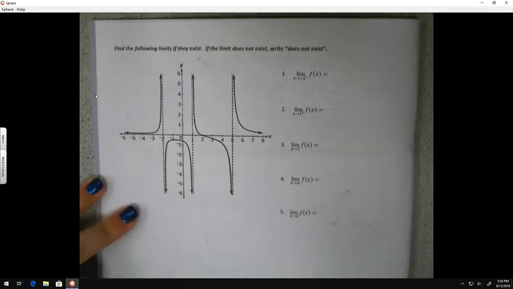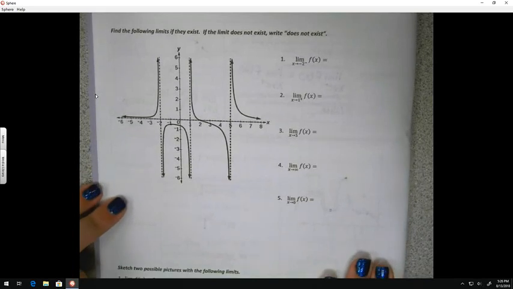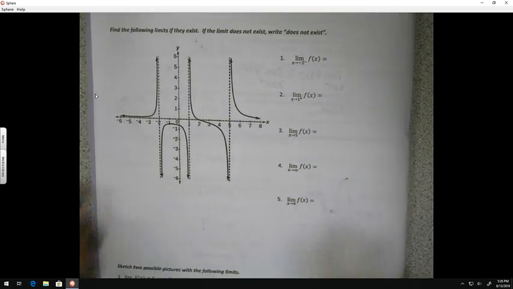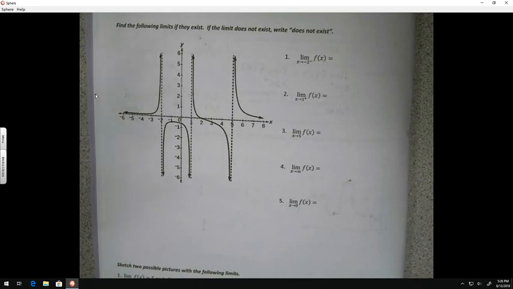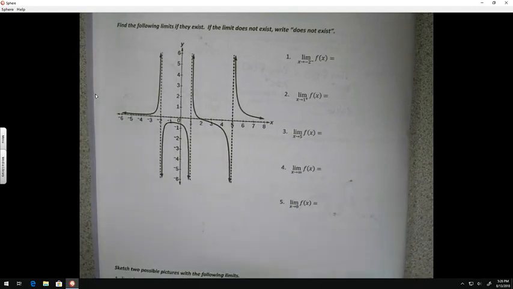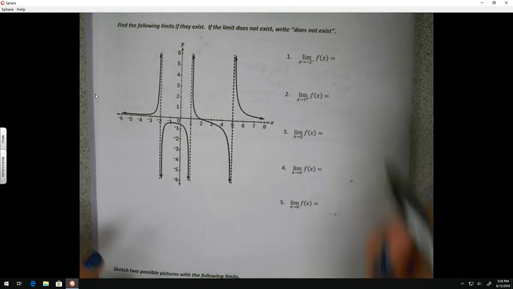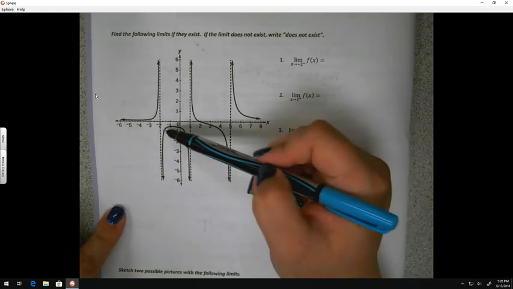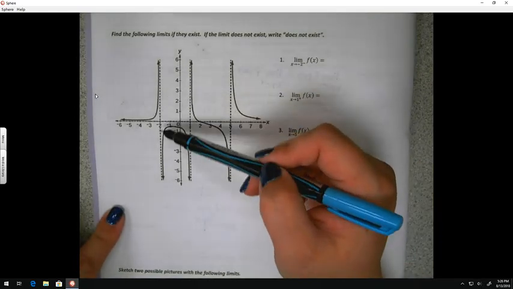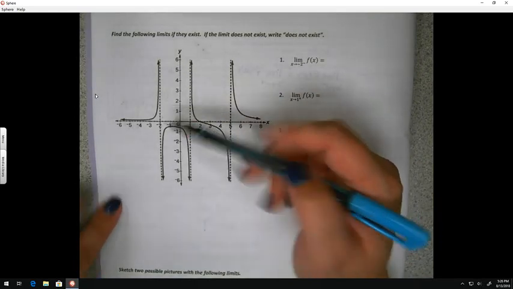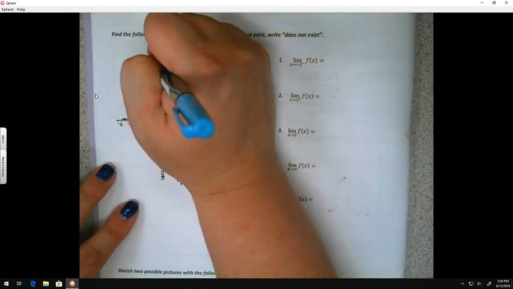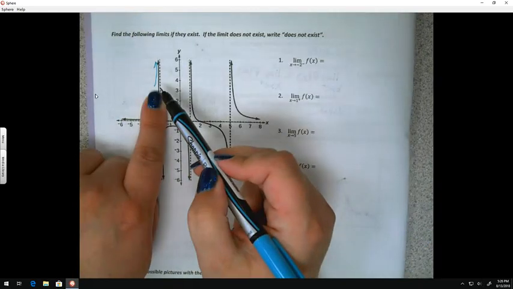This is the same idea, except now we're going to be looking at some limits maybe involving infinity and negative infinity. All right, so the limit as x approaches negative 2 from the left. So if we look at negative 2, that's this vertical asymptote right here. So negative 2 from the left, that's following this pattern right here.